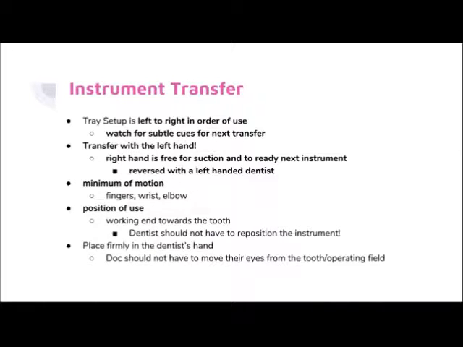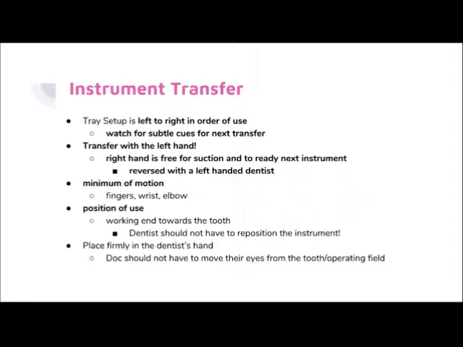The right hand is free to use suction and to be ready for the next instrument. So if I'm the dental assistant, I'm sitting over on this side of the patient, and my left hand does the transferring, and my right hand does the suctioning.